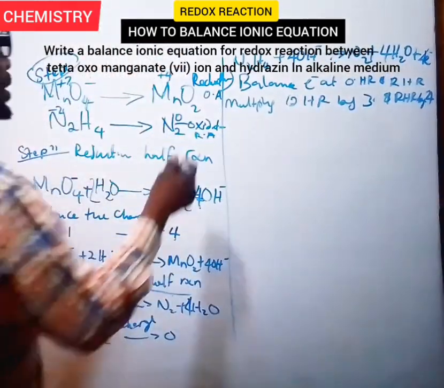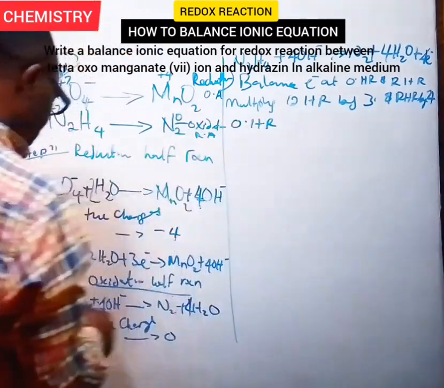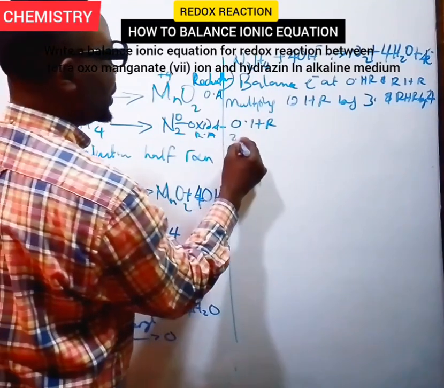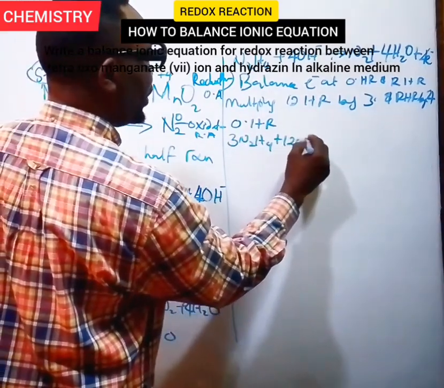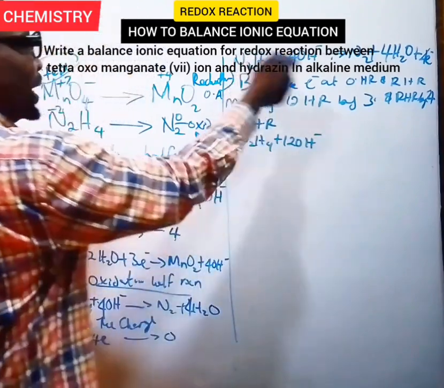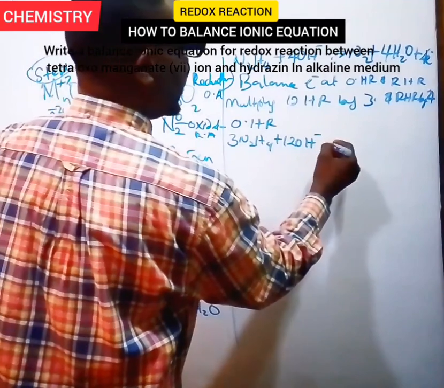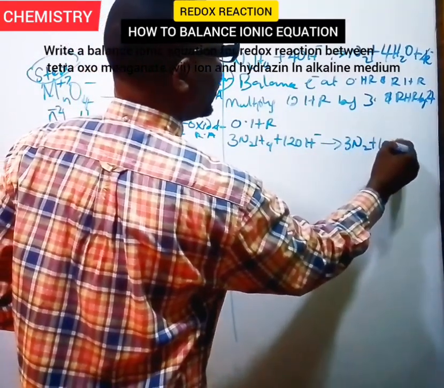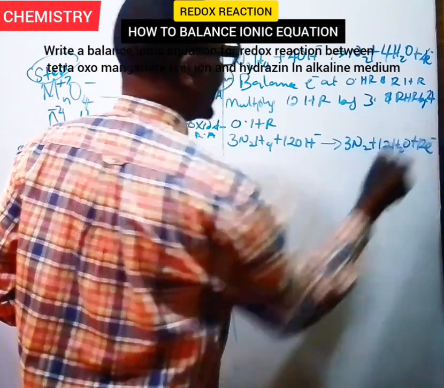So let's have the oxidation reaction now. This will be equal to 3N2H4 plus 12OH minus, I'm multiplying everything by 3 now, will give us 3N2 plus 12H2O plus 12 electrons.